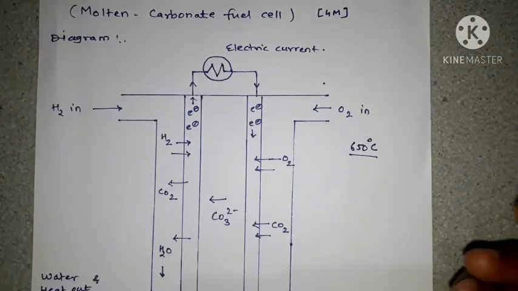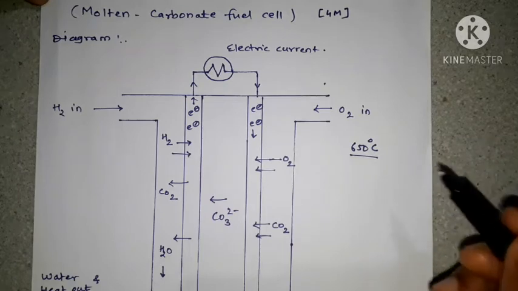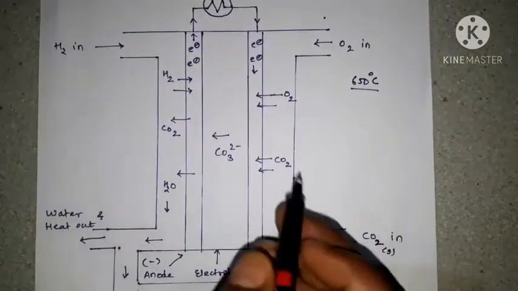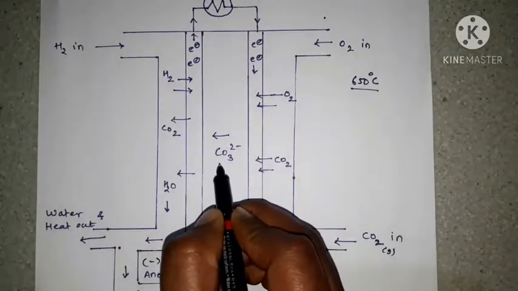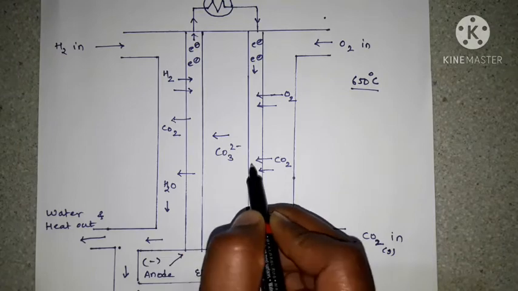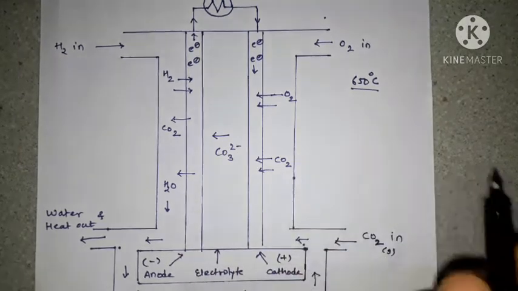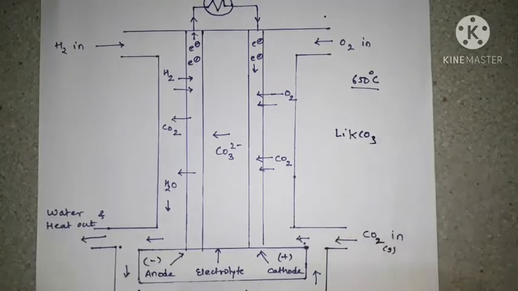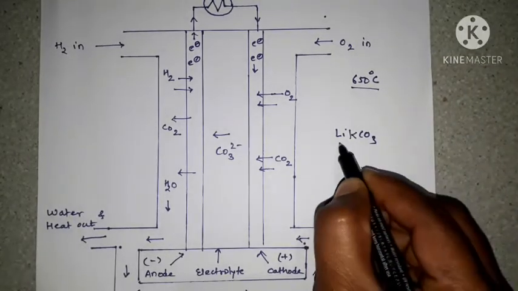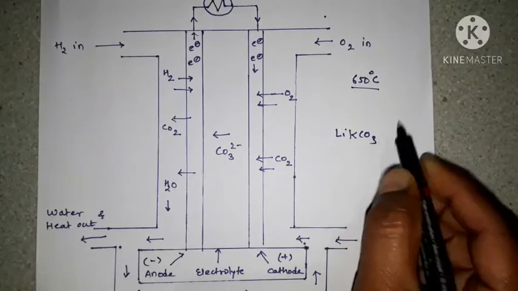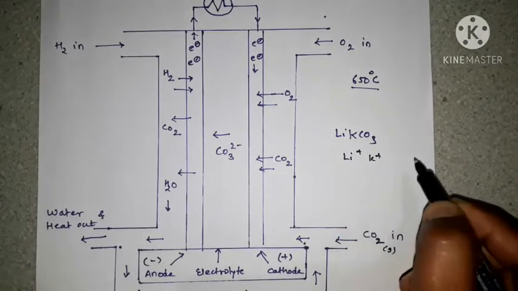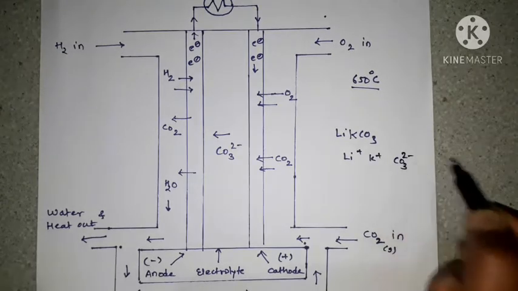Then in the second point, lithium potassium carbonate salt is used as an electrolyte. This middle portion indicates the carbonate part. How to get it? By using one salt, that is lithium potassium carbonate. By using this salt, you can generate Li plus, K plus and CO3 2 minus.